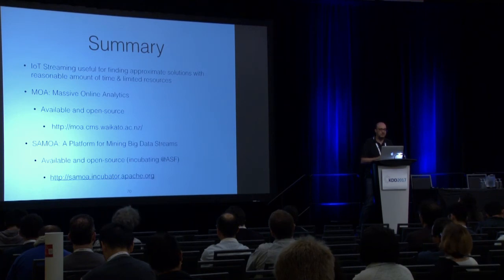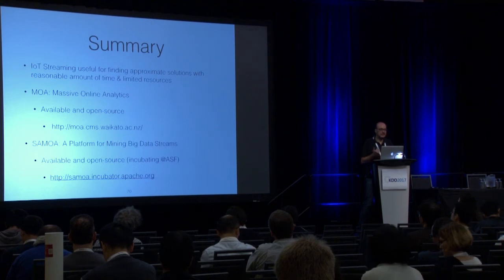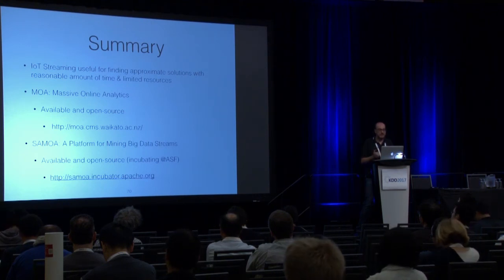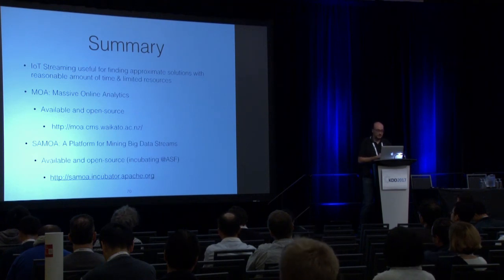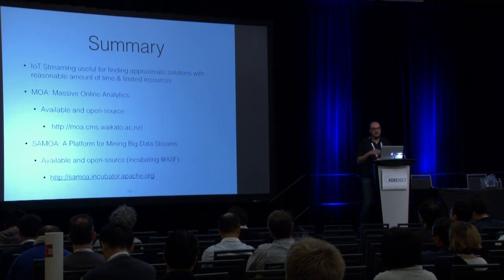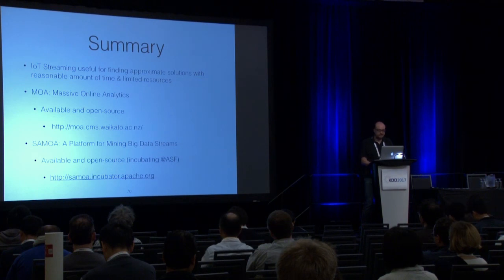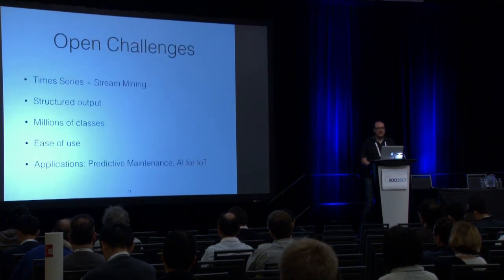You have MOA, which is Massive Online Analysis, in Java, and I think currently it is the most popular software. And then we have Samoa, which is a software specific for distributed mining, and it's specific for the Hadoop ecosystem.